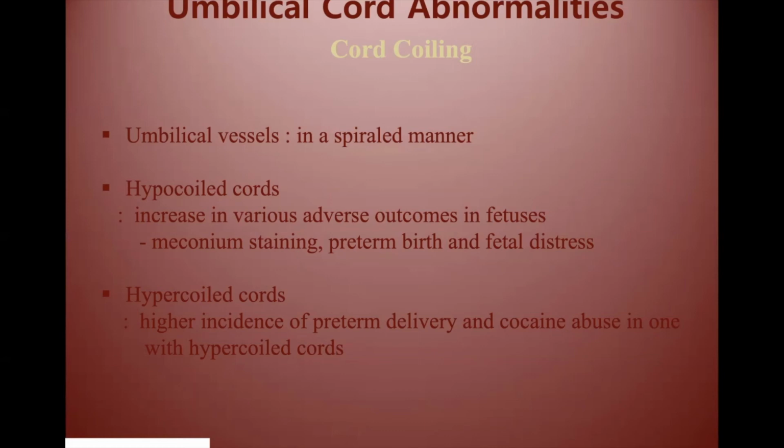Clinically, hypocoiling has been linked with fetal demise, whereas hypercoiling has been associated with fetal growth restriction and intrapartum fetal acidosis. Both have been reported in the setting of trisomic fetuses and with single umbilical artery.